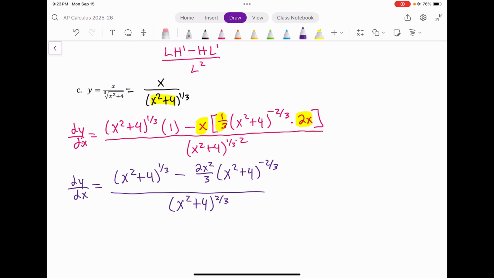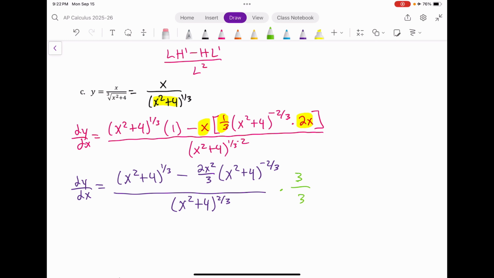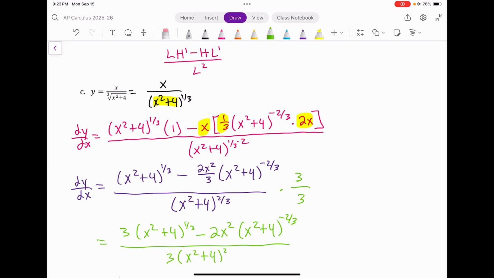And we don't like a fraction within a fraction, so what could we do? We can multiply the numerator and denominator by 3. Okay, and that's okay to leave it like that.